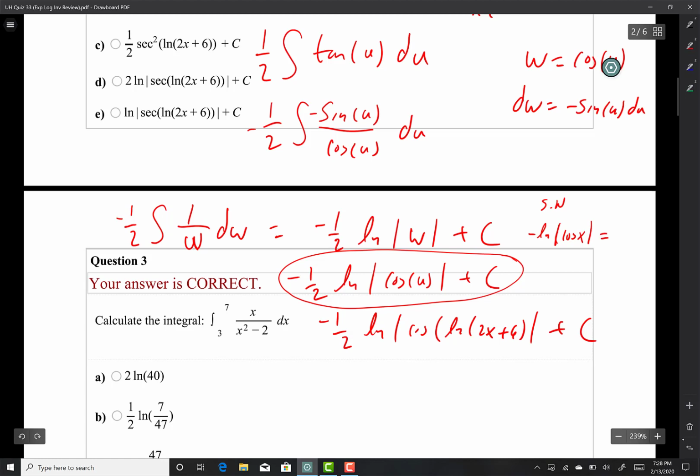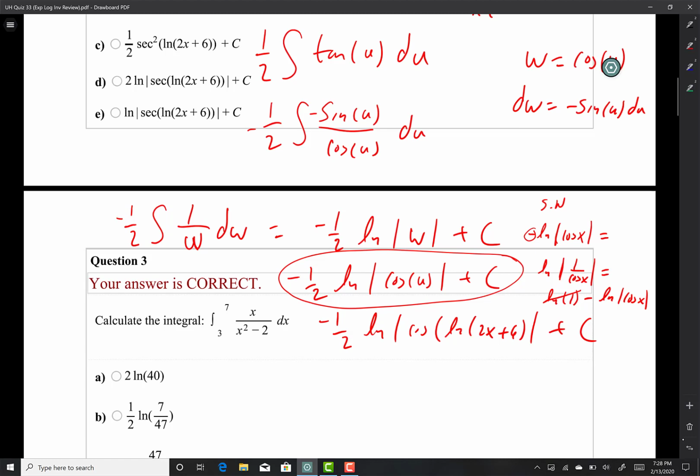If I say ln of 1 over cosine, which is secant, remember that ln of 1 over cosine is equivalent to saying ln of 1 minus ln of cosine. And ln of 1 is 0. So notice here I have a negative ln of cosine x, and look, negative ln of cosine x. So ln of secant is the same thing as negative ln of cosine x.